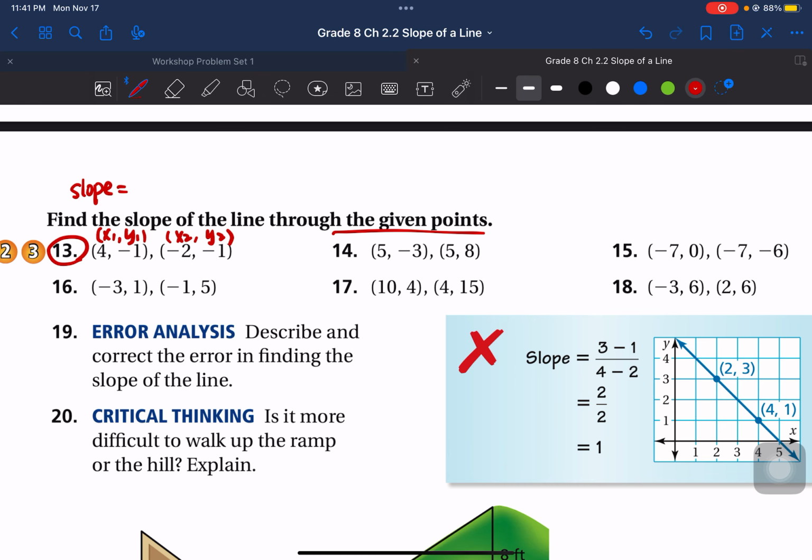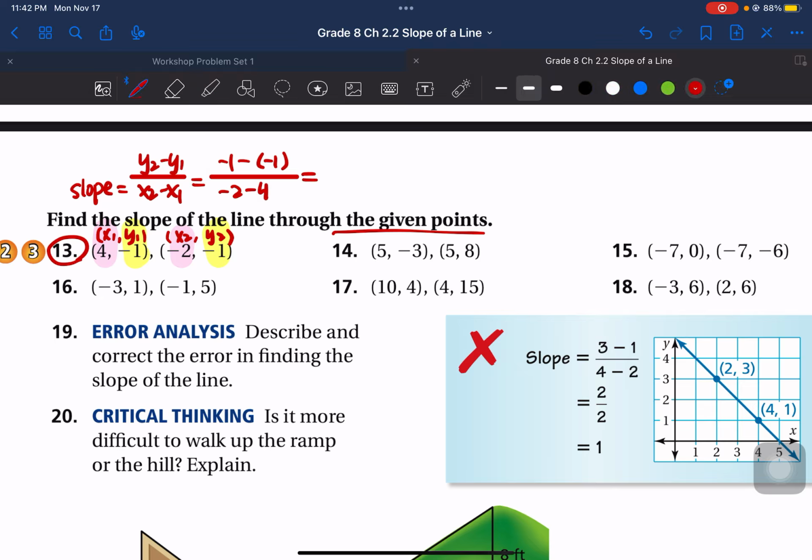So my slope is y2 minus y1 over x2 minus x1. My y2 is negative 1, minus y1, which is negative 1. So negative 1 minus negative 1. My x2 minus x1 is negative 2 minus 4.